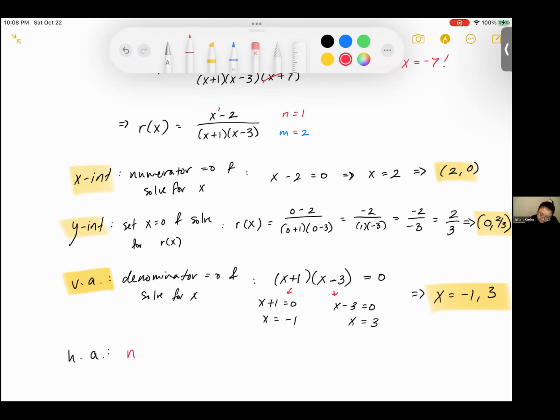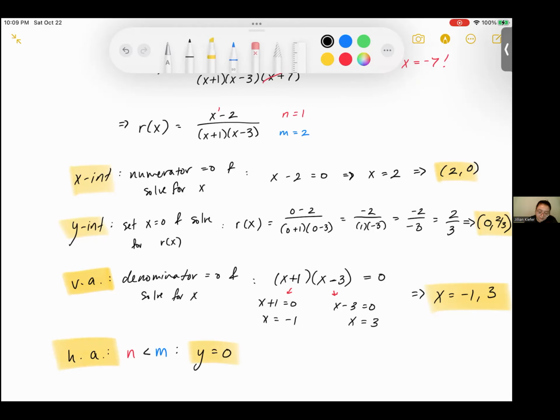So in our case, n is 1 and m is 2, n is less than m, which tells us that our horizontal asymptote is y equals 0. The horizontal asymptote in that case is y equals 0.